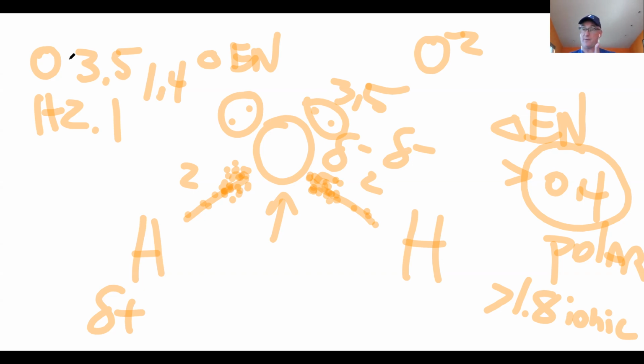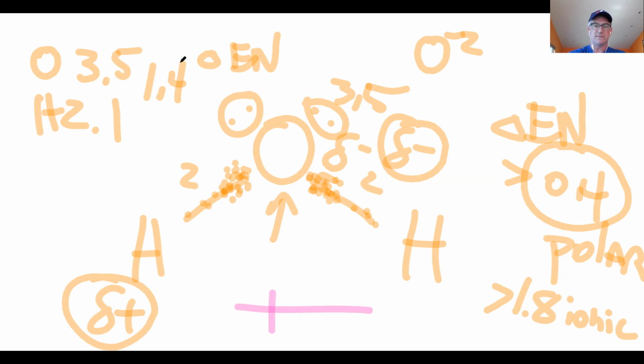And the other way we represent it, besides the small delta positive and delta negative, is with a line. We draw a line like this, and we point towards the more negatively charged atom. So this arrow points toward the area of higher electron density. And that means that this looks like a positive, right?